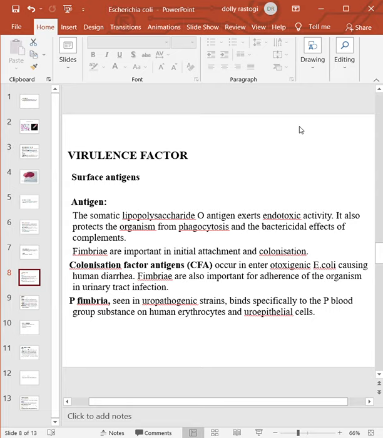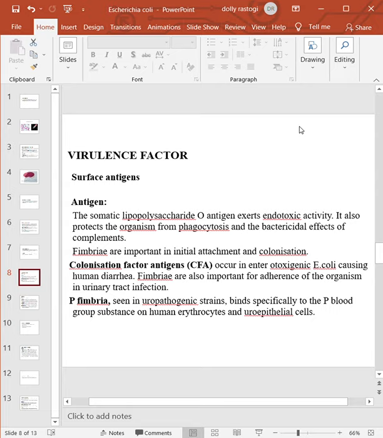The fimbriae are important for initial attachment and colonization. The colonization factor antigens are enterotoxinogenic in nature. Enterotoxinogenic means affecting the intestines. So they cause human diarrhea. And the fimbriae are also important for adherence of the organism in urinary tract infections.